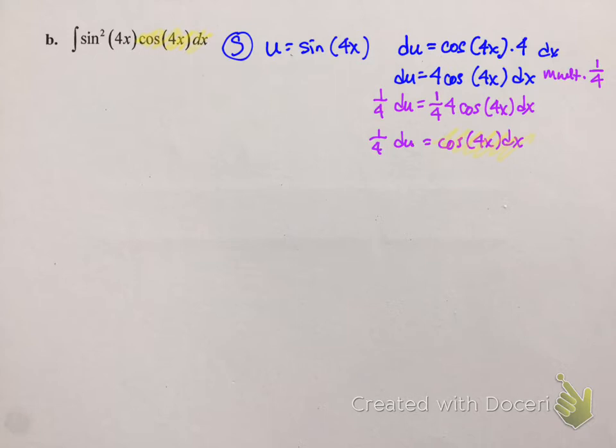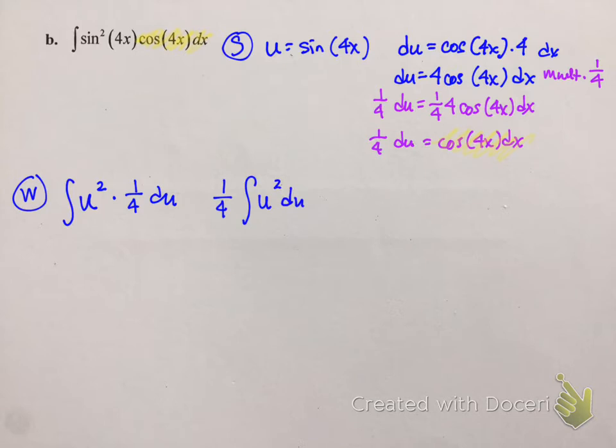So my next step is to write the integration. Remember it said sine squared of 4x times cosine 4x dx. So this becomes u squared and then times 1/4 du. Okay, so I'm going to take the coefficient of 1/4 out. u squared du is what I have left. So we're going to integrate next.